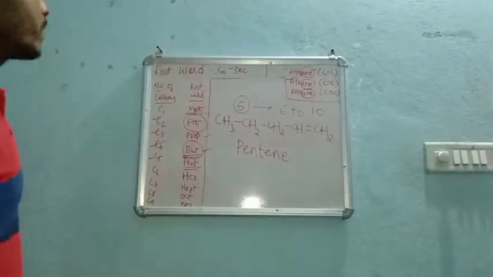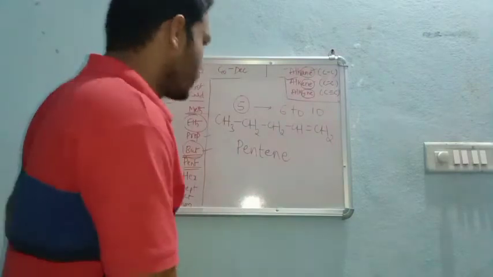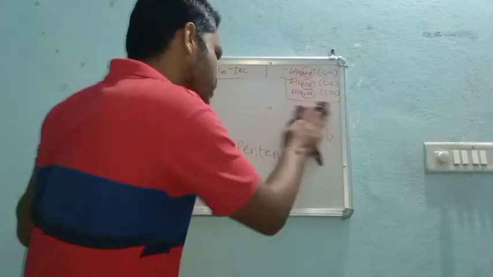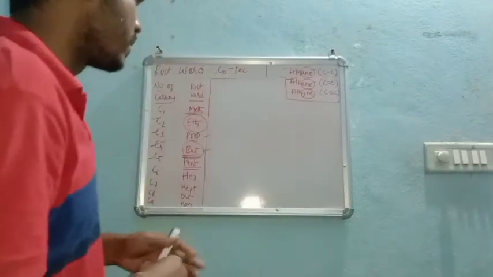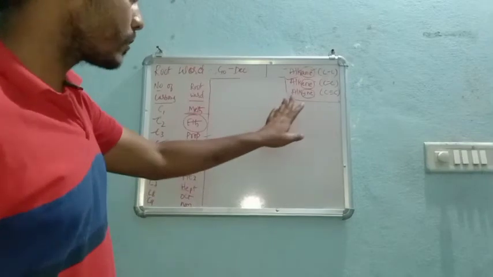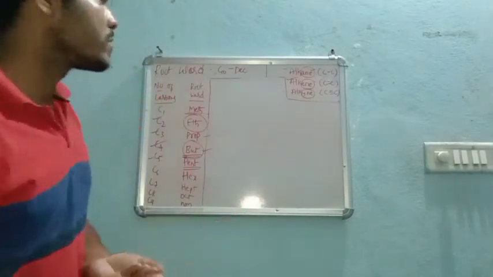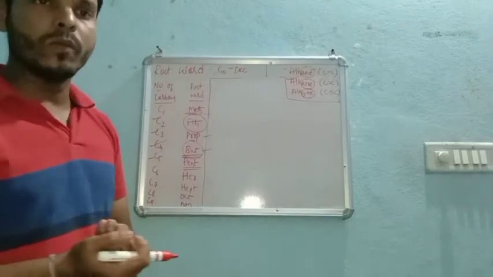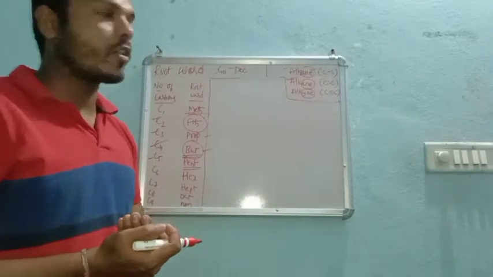Now coming to the last part of our IUPAC nomenclature, that is a type called unsaturation only, but it is triple bonded unsaturation. So here these types of unsaturated compounds are very reactive. Why? Because there is a presence of pi bonds, 2 pi bonds and 1 sigma bond.